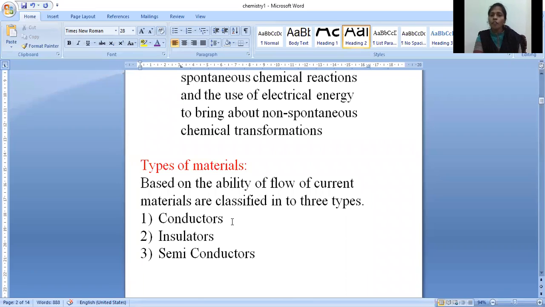Based on the ability of flow of current, materials are classified into three types. Those are conductors, insulators, and semiconductors.